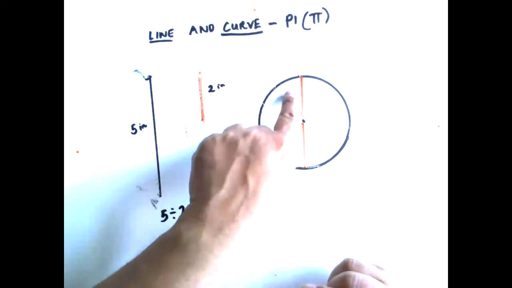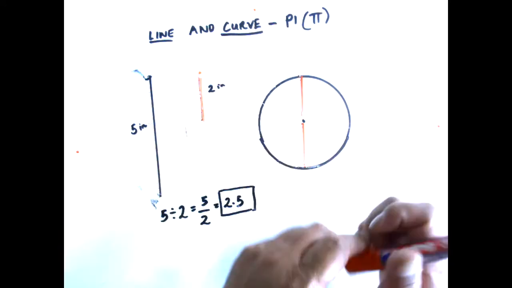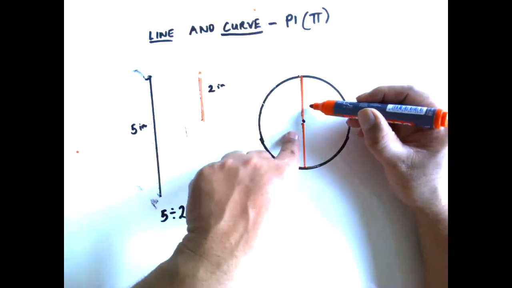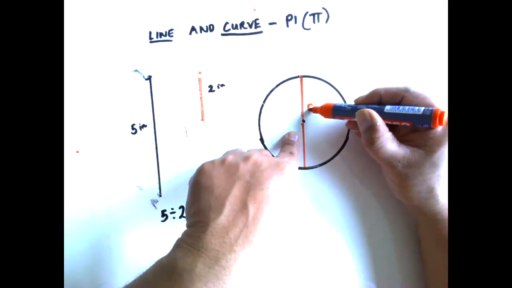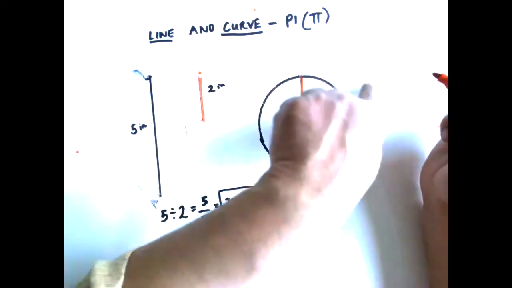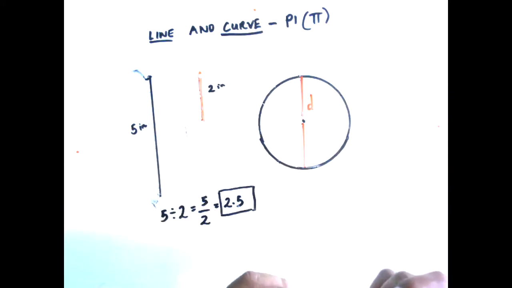Now, the question in here would be, how many red lines, which is how many of this diameter, could go around the black line? That is essentially a big question that has a lot of answers through time. The answers change through time, and we're going to go through that.